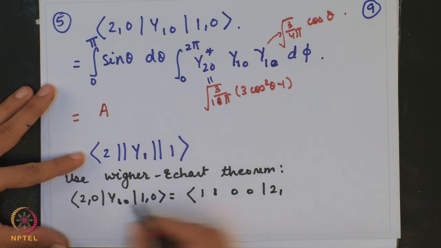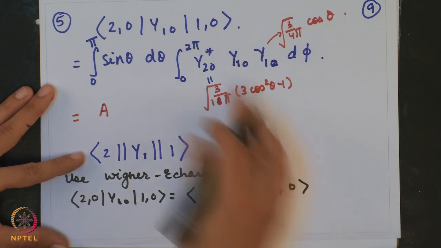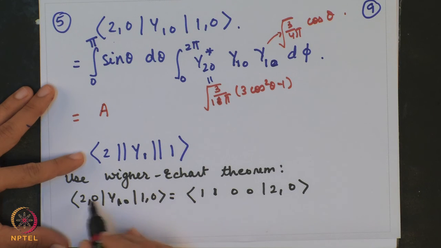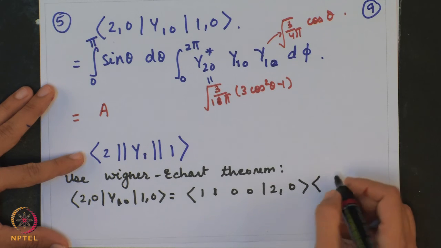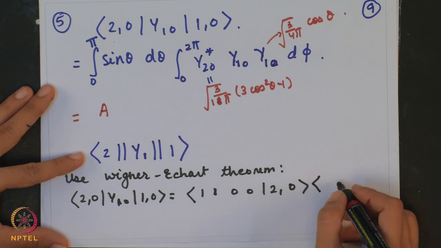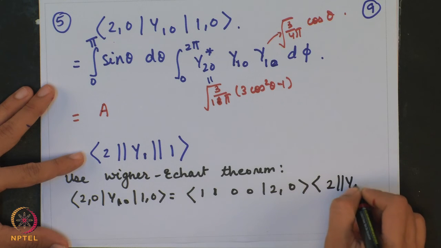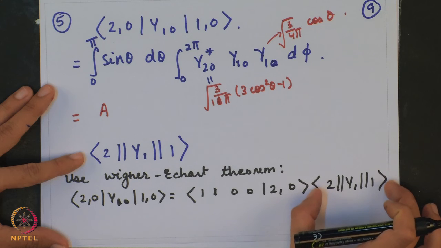So, here we have 1 0, and this is 2 0, this is the term, it has got flipped, just do not bother about it, 1 0 1 0. So, 1 1 0 0 2 0, I have just flipped it. It does not matter if you flip the terms, it will not change the result anyways. <2||y||1>. So, this is the term which you need to evaluate.